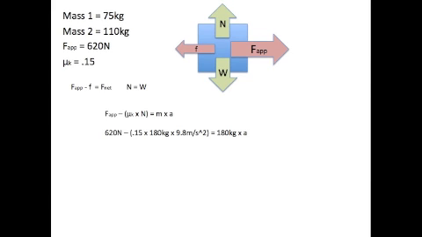So the force applied is 620 newtons minus 0.15, the coefficient of kinetic friction, times the normal force, which is equal to the weight, mass times gravity. So 180 kilograms, the entire system, the 75 kilograms plus the 110 kilograms, since it's asking for the acceleration of the entire system, times gravity, 9.8 meters per second squared.